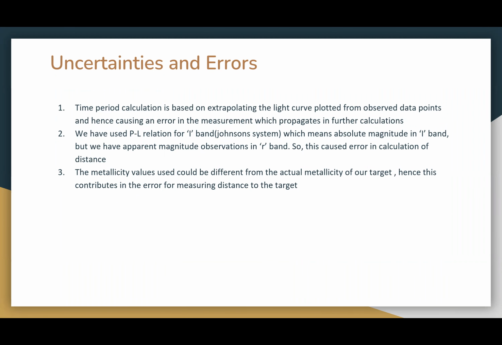I feel this was the major cause of error in the distance, which in one case was around 40%. Also, we couldn't get the metallicity value from literature, so we tried out different values, which could also have contributed to the error in the distance.